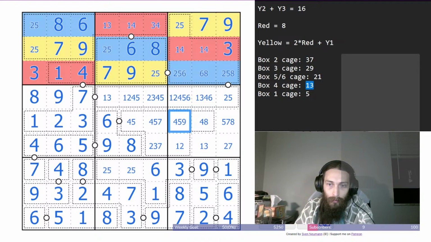And this, we know what its sum is. It's 31. And it can't have 6 in it. Is there another number it can't have in it? It has to have both 8 and 9. Does it?